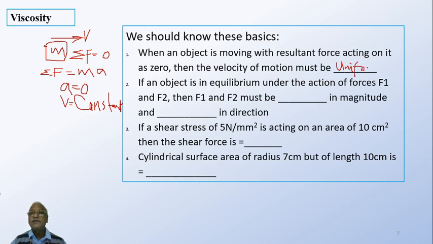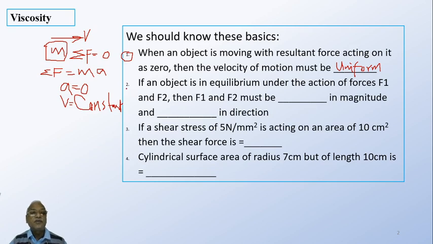This is possible when the resultant force on the object is 0. That is the first problem one should understand, because while discussing we'll be taking a lot of cases where the resultant force is 0 or constant velocity.